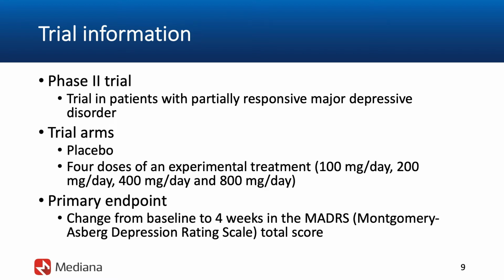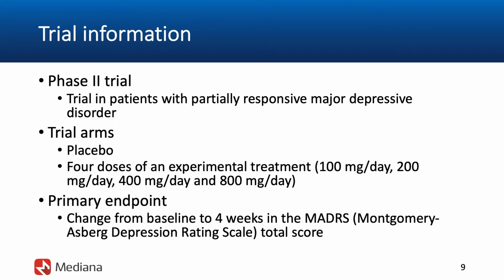There are multiple trial arms. It's a dose finding trial. We'll have a placebo arm. In addition to that, there's an experimental treatment that will be administered to the patients at 4 different dose levels. They're defined on the slide. This is a 100 milligrams per day, 200 milligrams per day, 400, and finally 800 milligrams per day dose.